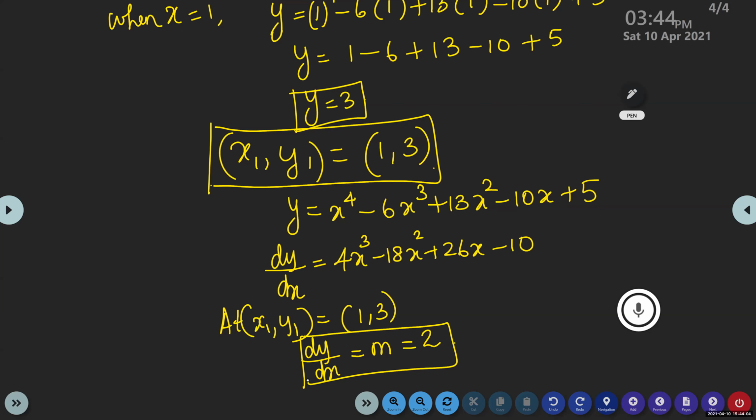Are you getting the value of m as 2? So dy by dx is equal to m is equal to 2.